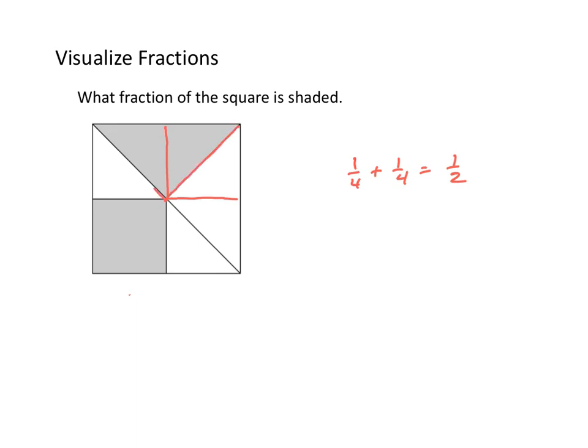See, I have one here, and I'm going to continue this one, and I already have one here. Okay, so now how many equal parts do I have? 1, 2, 3, 4, 5, 6, 7, 8. We have 8 equal parts. How many of those are shaded? 1, 2, 3, 4. 4 out of 8 are shaded, so that would be 1/2.